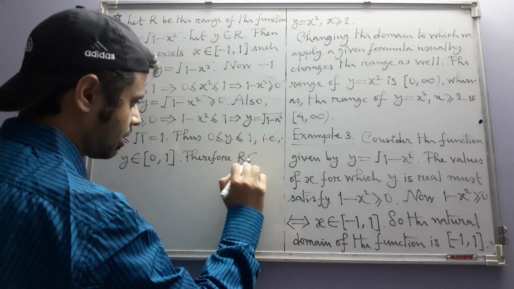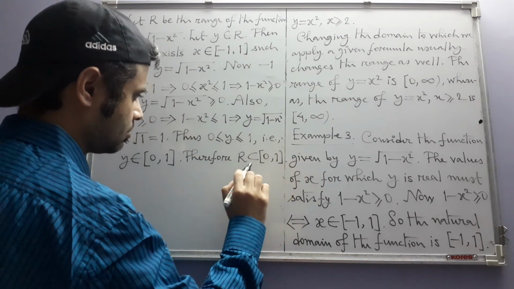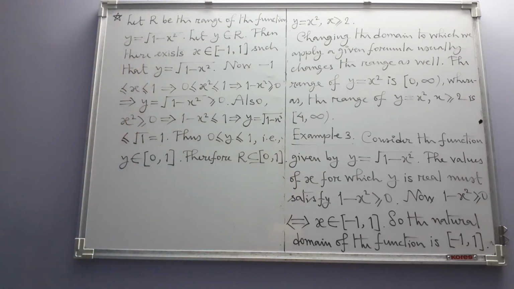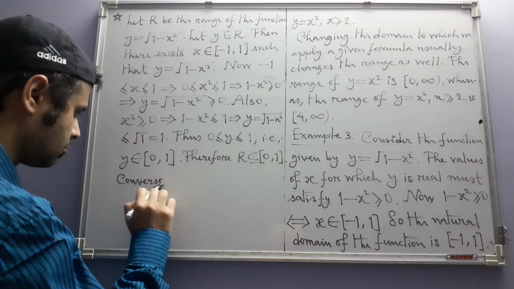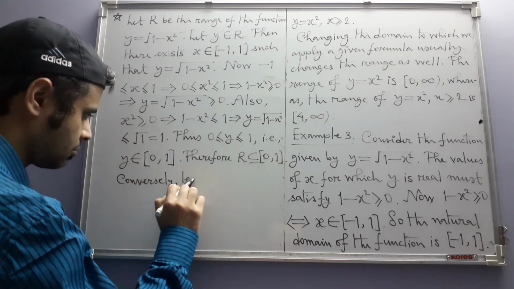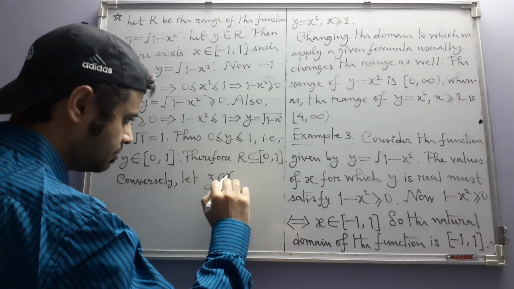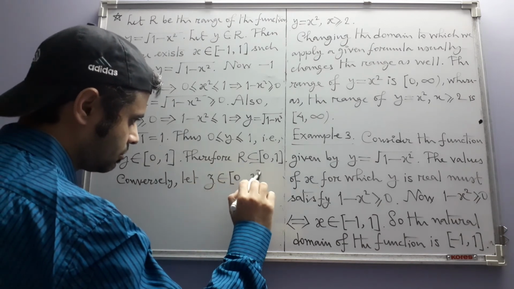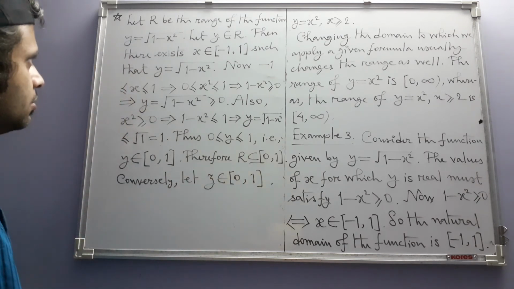Therefore R is a subset of this closed interval. Conversely, let Z be any element in this closed interval.